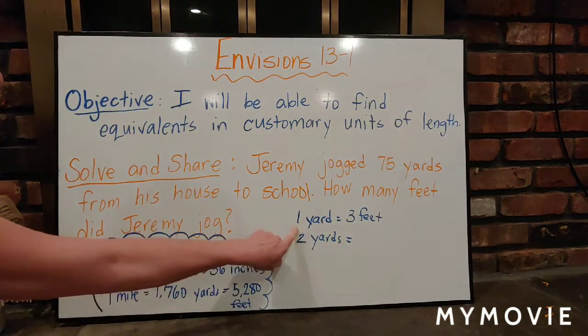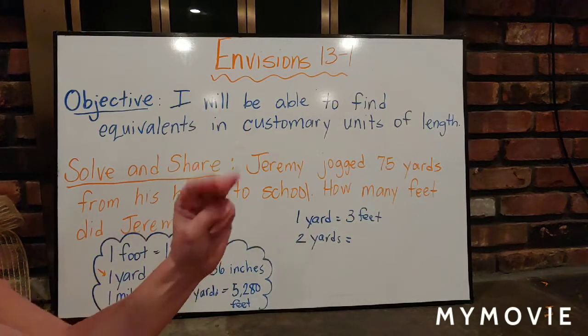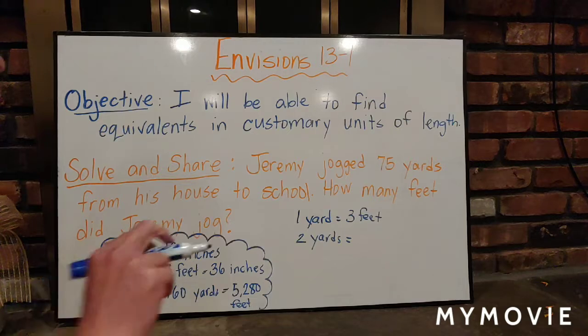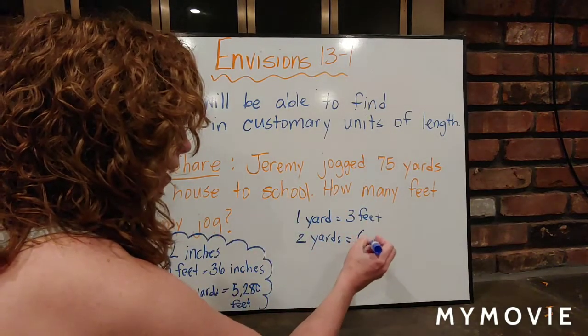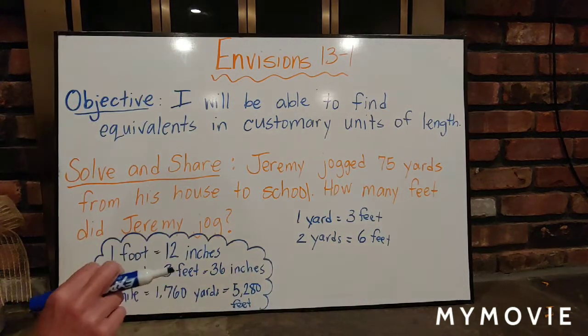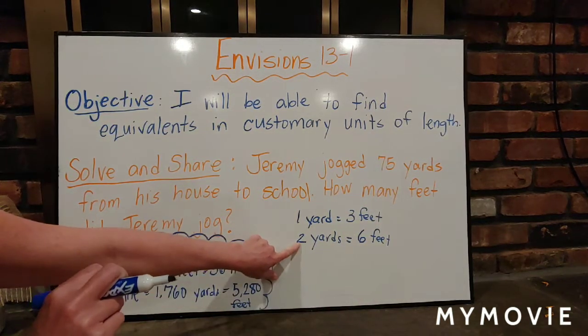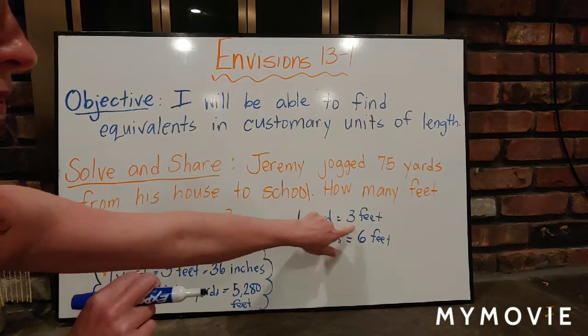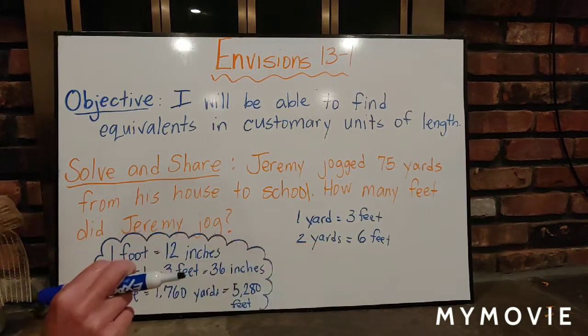Okay, so 1 yard equals 3 feet. What would 2 yards be? If you said 6 feet, that would be correct. So how I figured that out was I took 2 yards and I multiplied by 3 feet to get my 6.